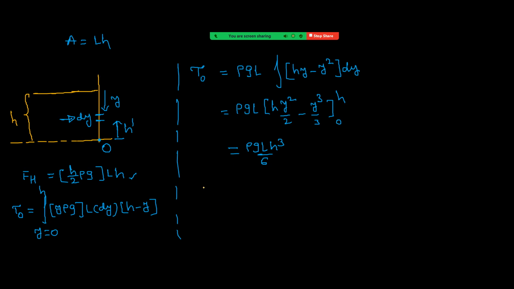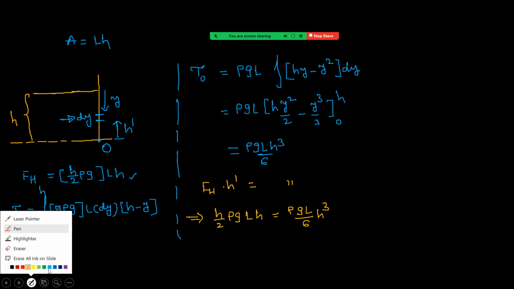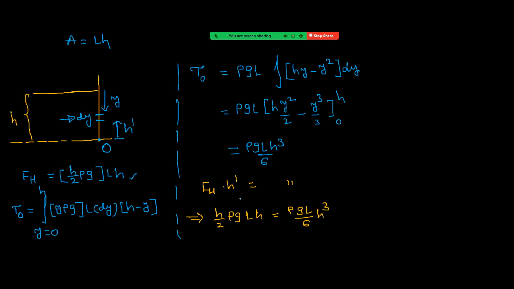So that a horizontal force Fh into height h dash produces the same torque. Substitute values: h by 2 rho g into L H, times h dash, is equal to rho g L upon 6 into h cube. See the calculation part. H square, here h cube.